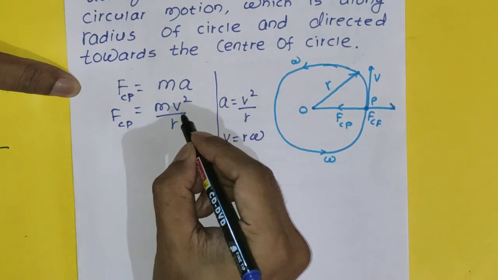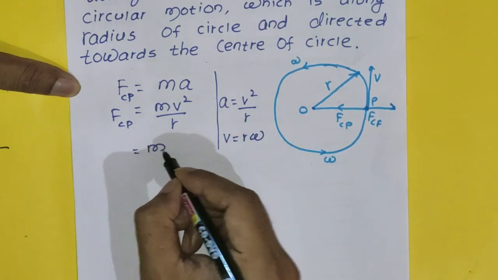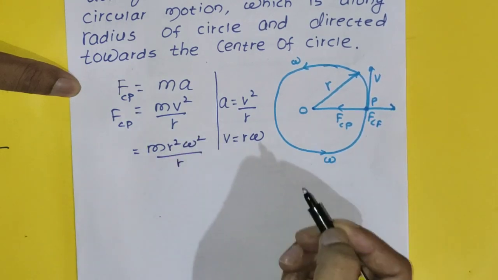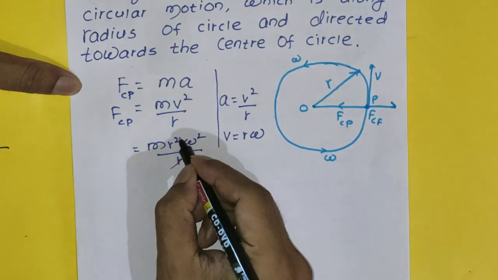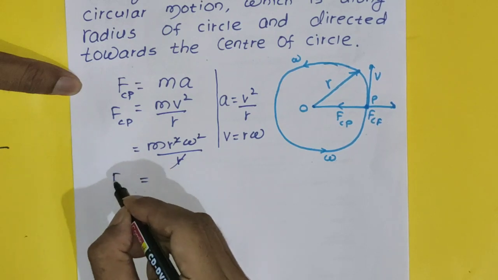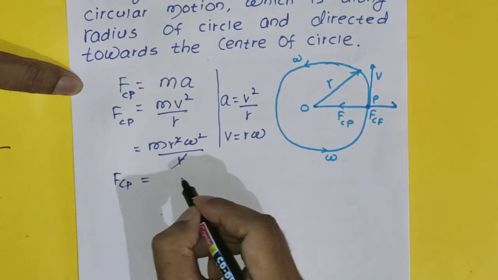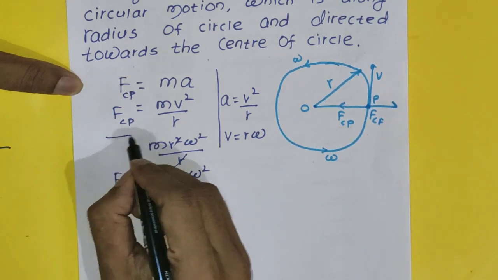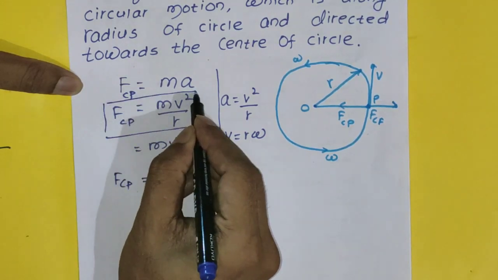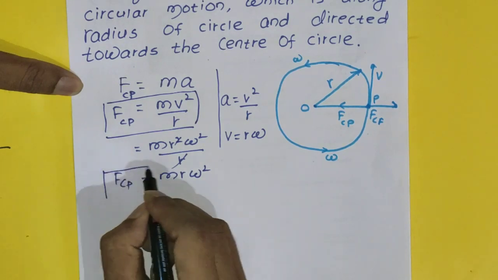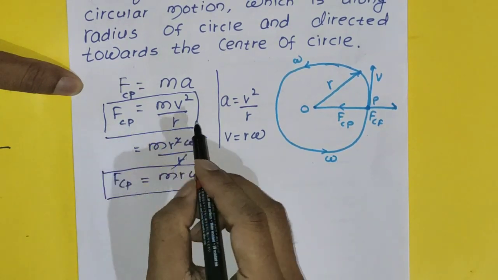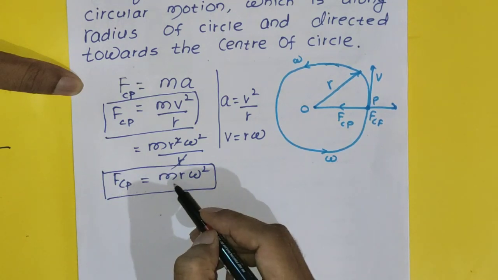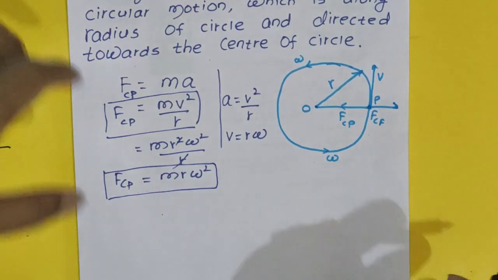Now putting this value here, we have m r square omega square divided by r. So r will get cancelled. Then the centripetal force can be written as m r omega square. So these two equations are important: Fcp is equal to mv square by r and Fcp is equal to m r omega square.